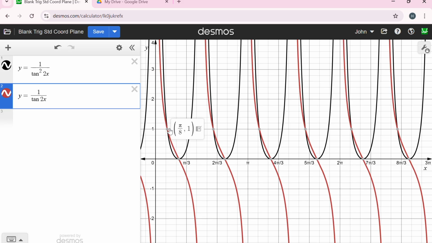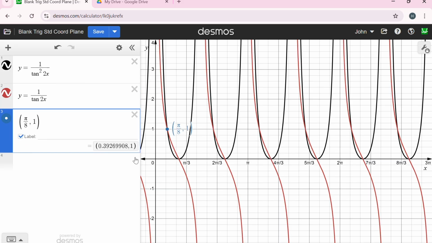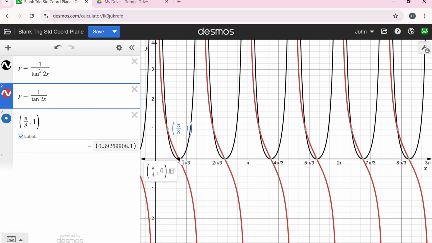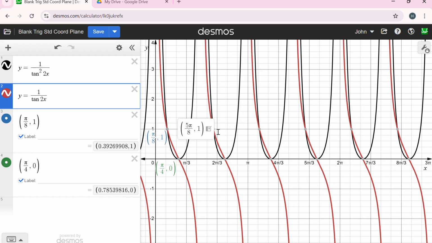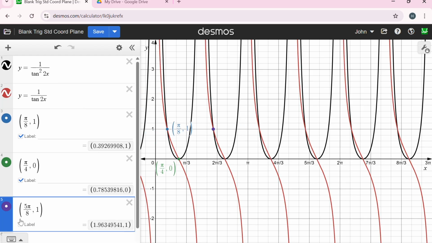Where do they intersect? That is our solution. So let's start looking here. So that's one of them. So pi over 8. Here's another one, pi over 4. Okay, and then we're repeating here.